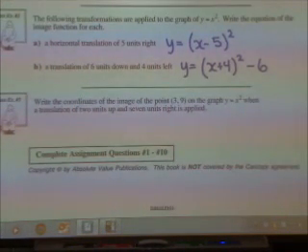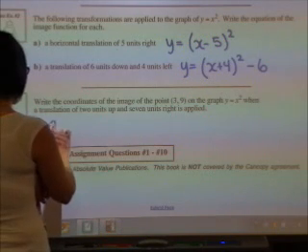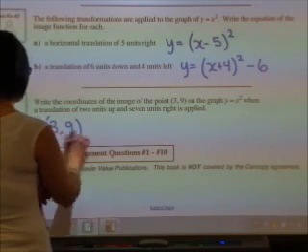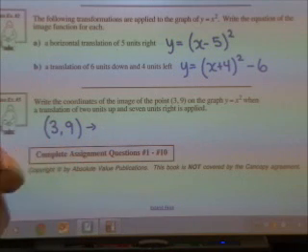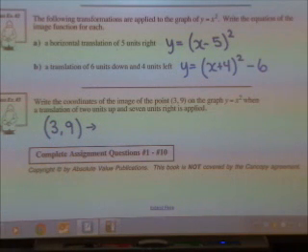Okay. Last question. Write the coordinates of the image point 3 and 9 on the graph when a translation of 2 units up and 7 units to the right is applied. So I start off with the point 3 and 9. If I move 7 units to the right, where would I go?